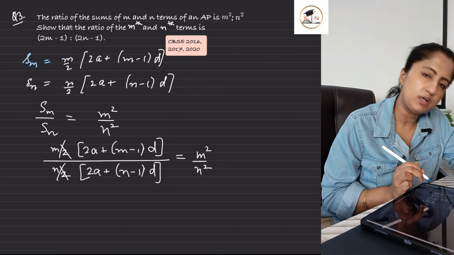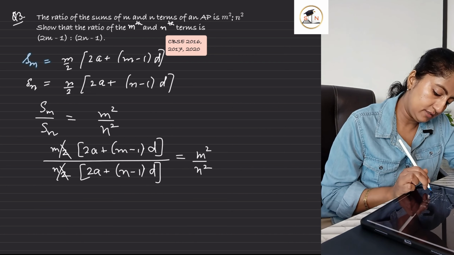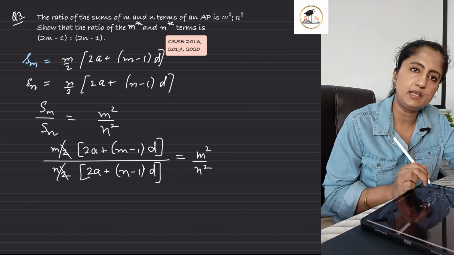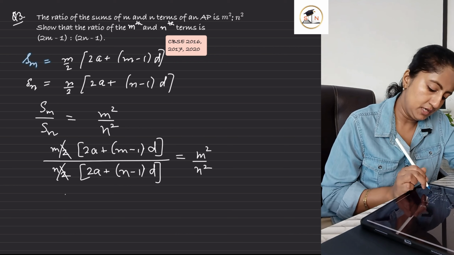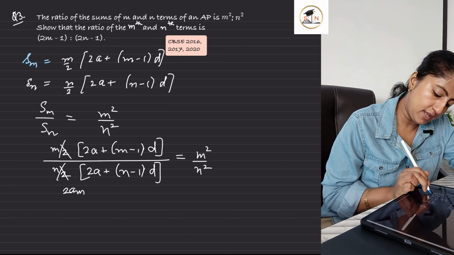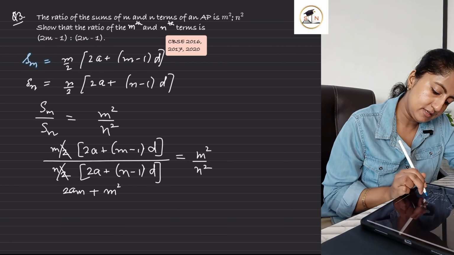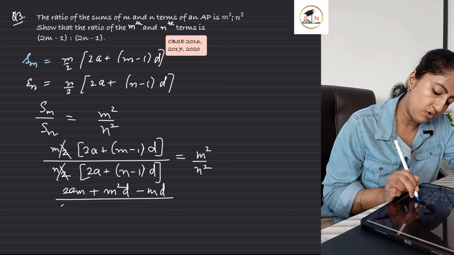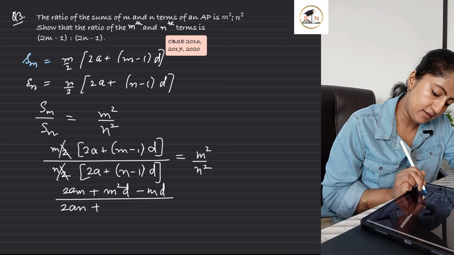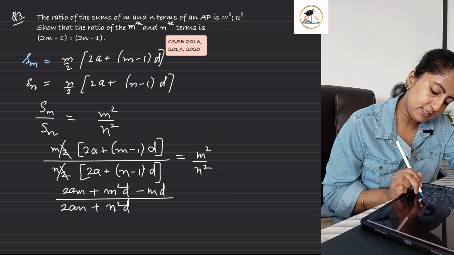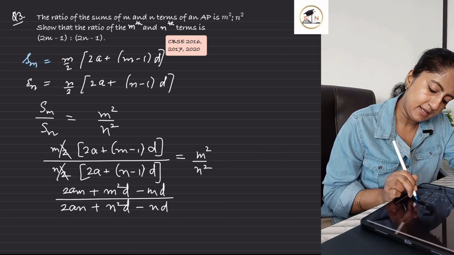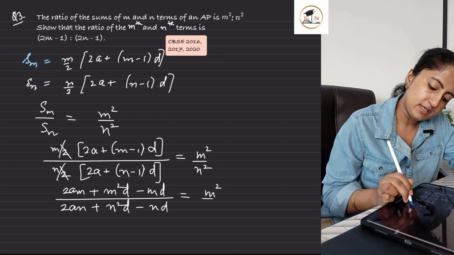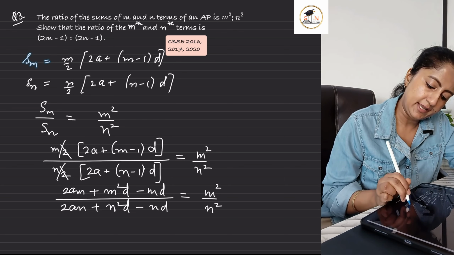The 2 got cancelled. We are left with, I will expand simultaneously in numerator and denominator. So we get 2am plus m square d minus md whole over 2an plus n square d minus nd. This equals m square over n square.